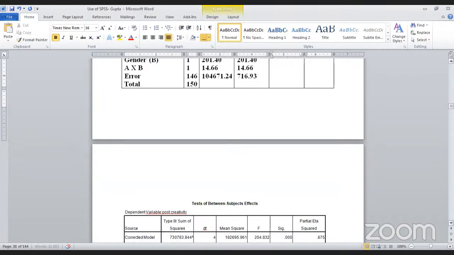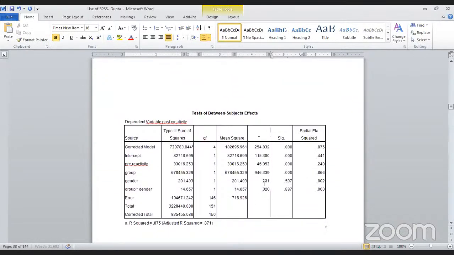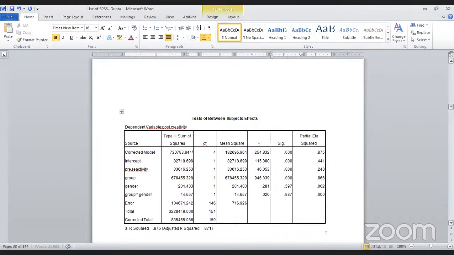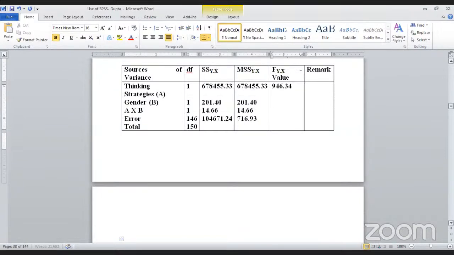And then next is 0.28 and 0.02. So this is significant. So I can say P is less than 0.01. P must be small. This is not significant. This is not significant.